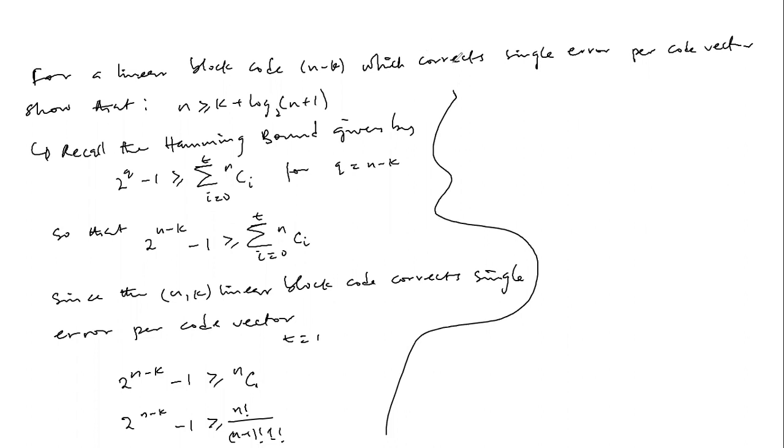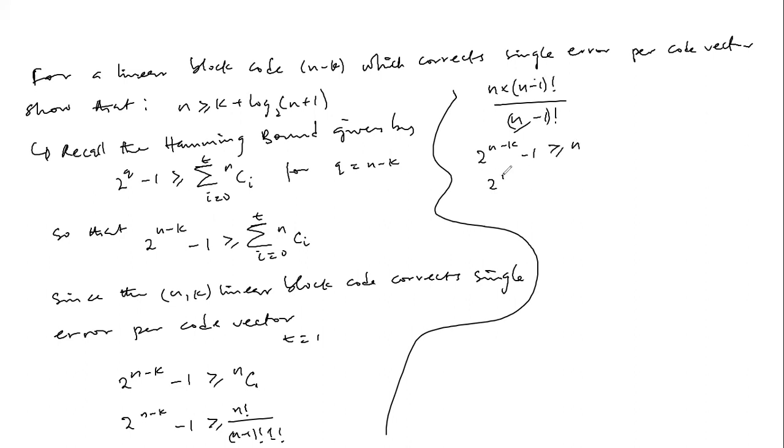So what we now have here is n times n minus 1 factorial over n minus 1 factorial. So this will cancel this. So 2 to the power of n minus k minus 1 is greater or equal to n.